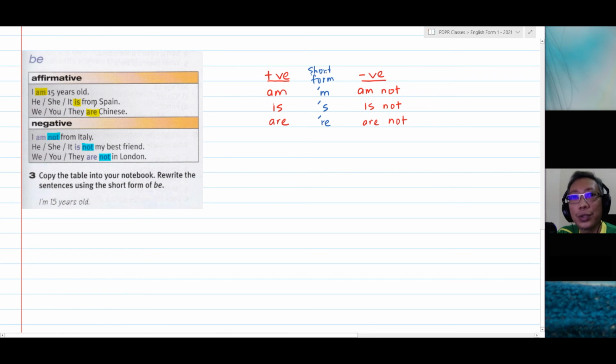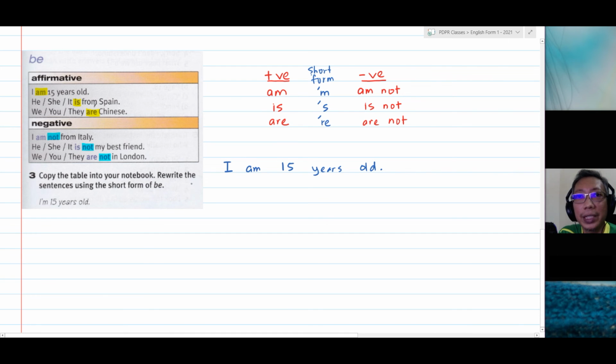Okay, this is the short form for positive or affirmative. So, example given here, I'm 15 years old. The original sentence is I am 15 years old. Okay, this is the original sentence from the table.